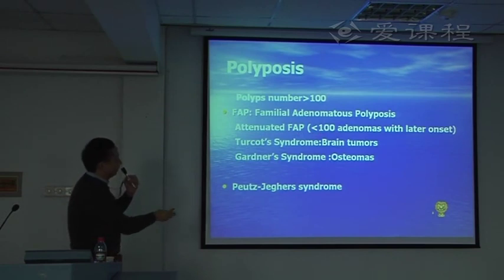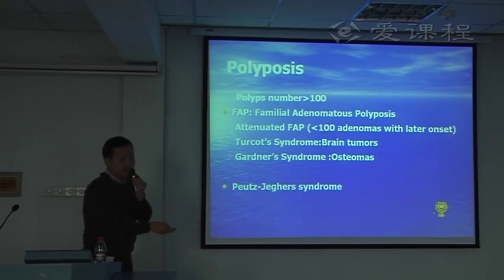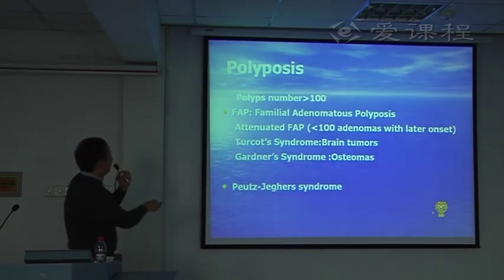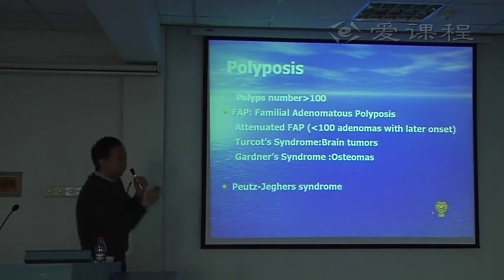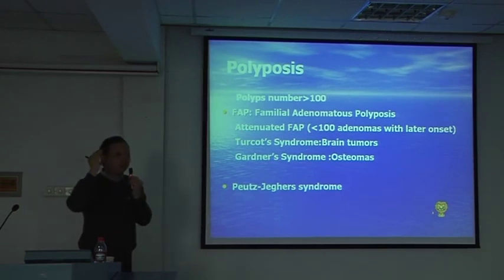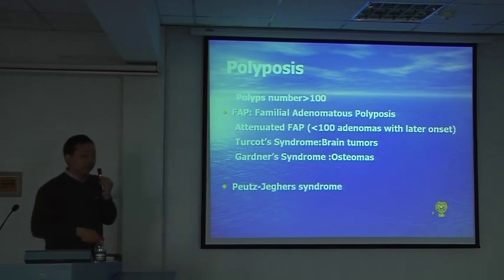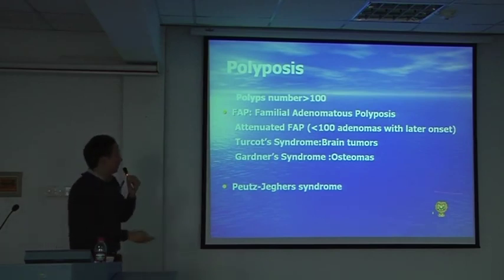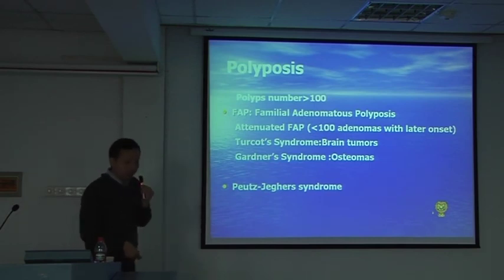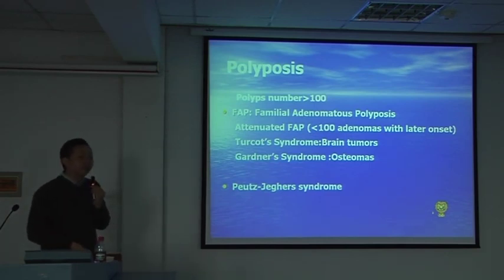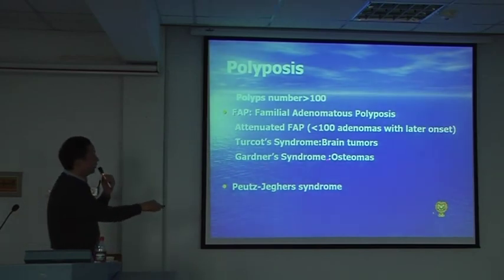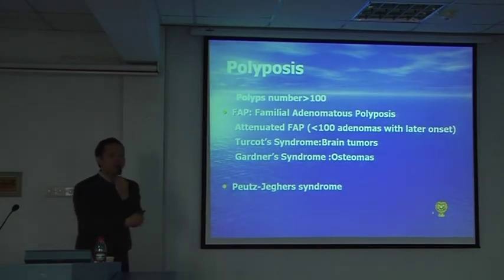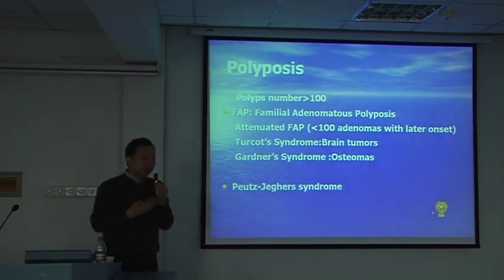Attenuated FAP has a lesser number of polyps, with late onset. Turcot syndrome is FAP with brain tumor, a central nervous system tumor. They have both of them. Also Gardner's syndrome, with osteomas.